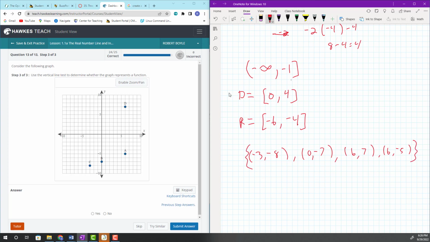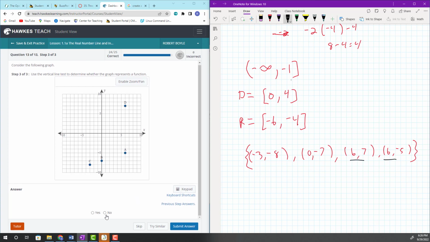And our relation has 2 ordered pairs with the exact same x value. So once again, this tells us not a function, or just simply the vertical line test would tell us that it's not a function. We would click no, and we better be right.